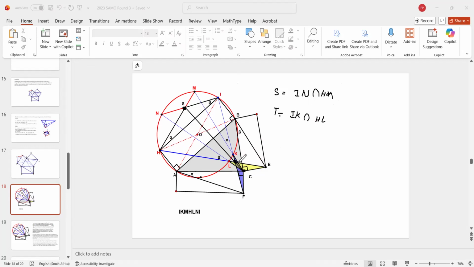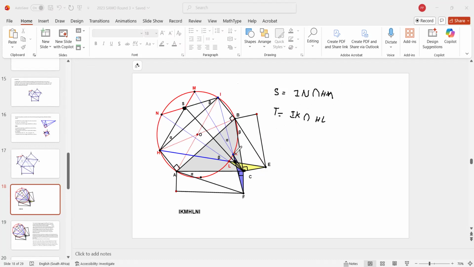IK and HL, they meet at this point here. Right? I have to use those points on the circumference to get the sides of my hexagon, right?